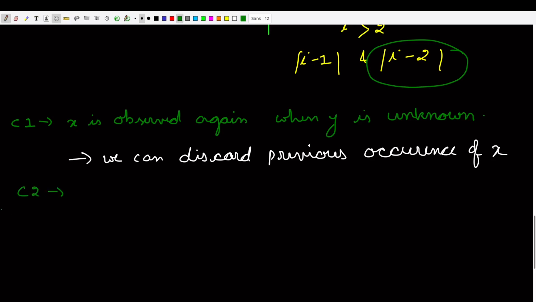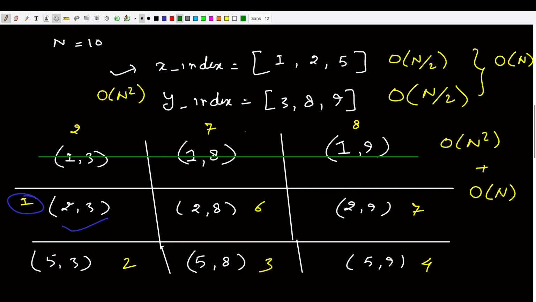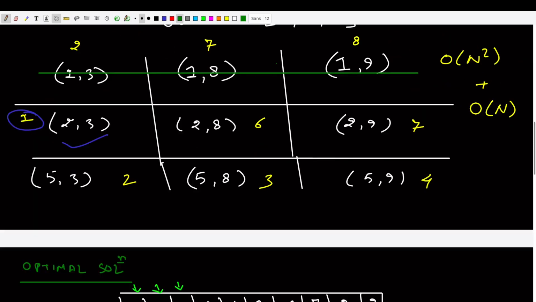As you can see now, in the brute force solution we had to compute all the 9 pairs, but here we straight away know that this will not give us our valid answer, so we can disregard it. So that is one level of optimization we did. And the second optimization, as you could have guessed, is that since we don't really have to operate on one, we don't have to save it anywhere, so we can directly disregard that, right?